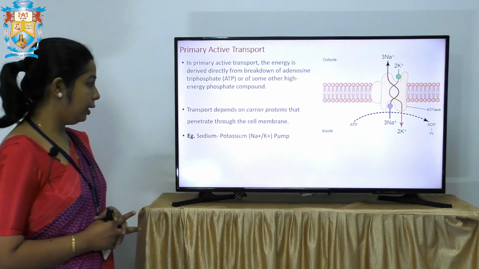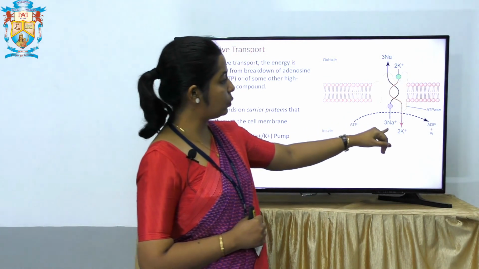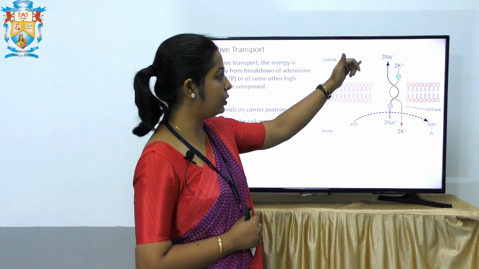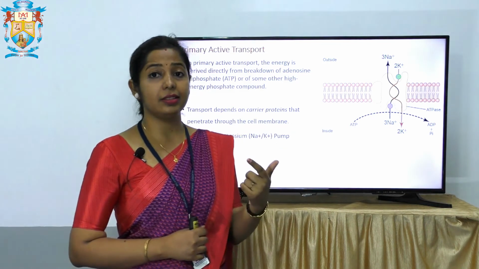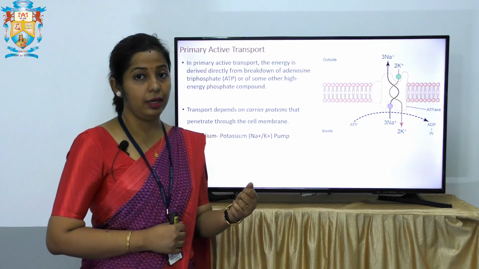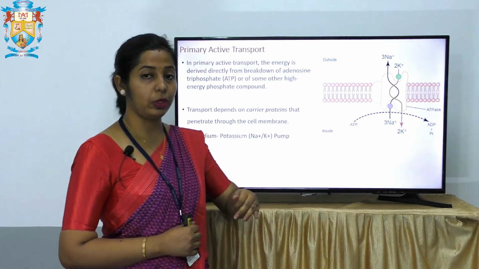Here is an example, the sodium and potassium pump. As you can see, sodium is transported outside, and this transport takes place against the concentration gradient, that is, from low concentration of sodium to high concentration of sodium.